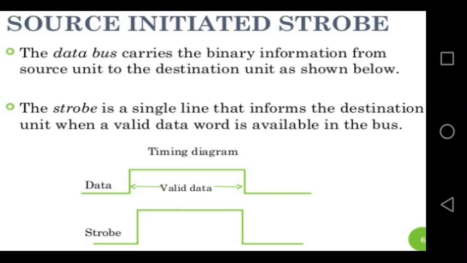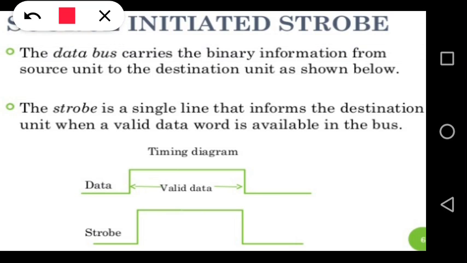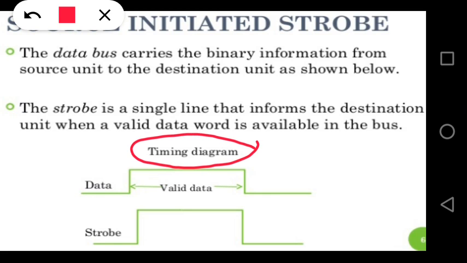The data bus carries the binary information from source unit to destination unit as shown below. So this is called a timing diagram. Here, when data is active, it is called valid data. Data has been transmitted. Once it is not active, it is not valid data. So this is called data bus.